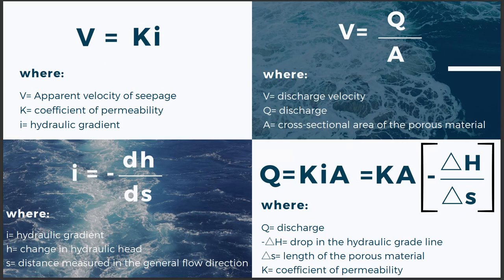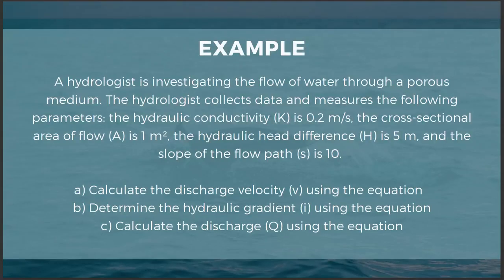I is simply the change in hydraulic head over the distance traveled. So to find Q, we have the formula Q is equal to KIA, where K is the coefficient of permeability, I is the hydraulic gradient, and A is the area. That is the basic formula of Darcy.